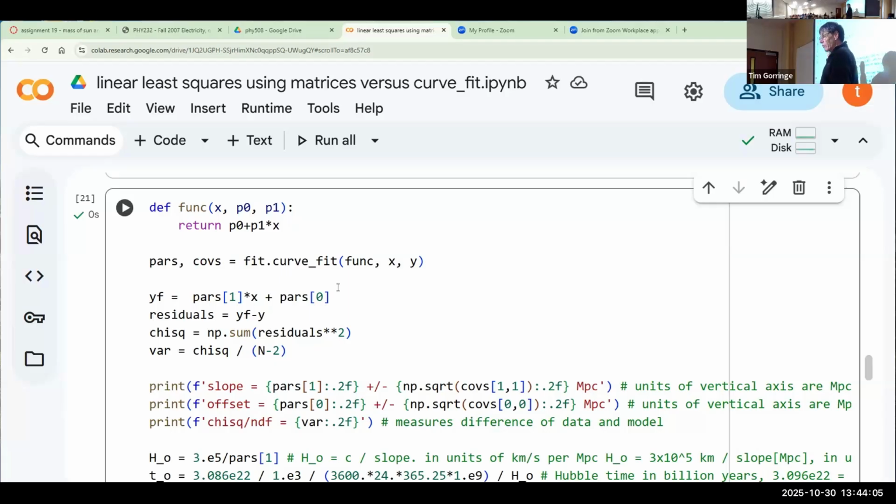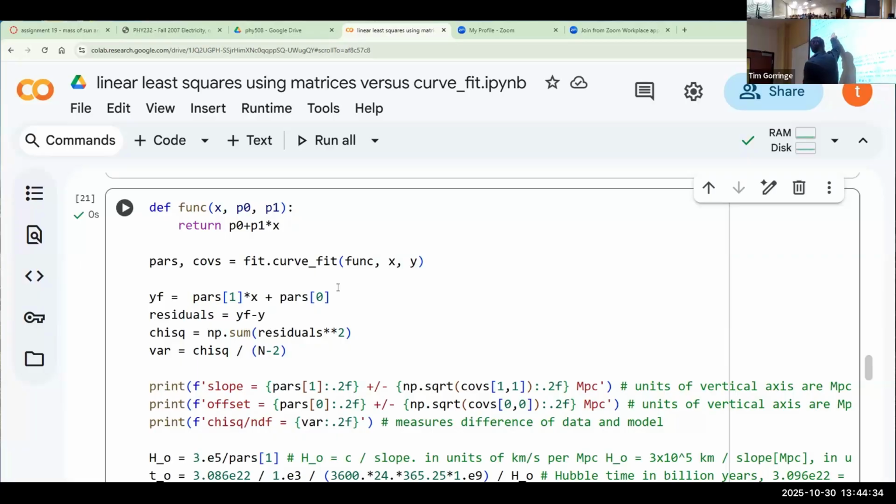You've got to call it with your array of independent and dependent variables, that's the X and Y here. You also call it with the name of a function, which is this first variable here. That function defines the function that you're fitting to the data. So I've made a user function called func that I'm passing to curve fit, the library function.